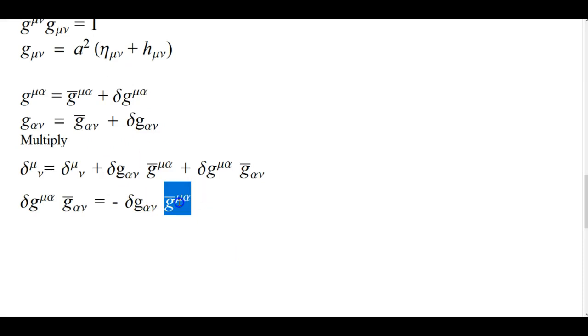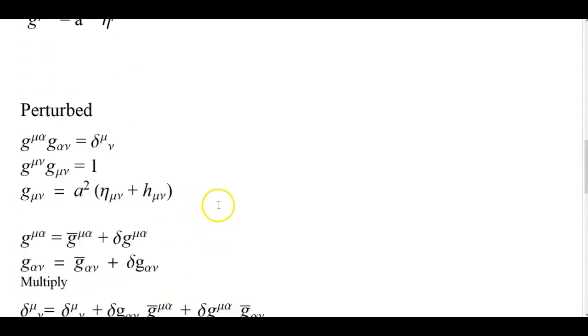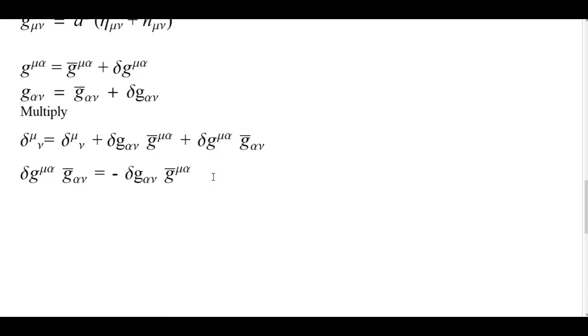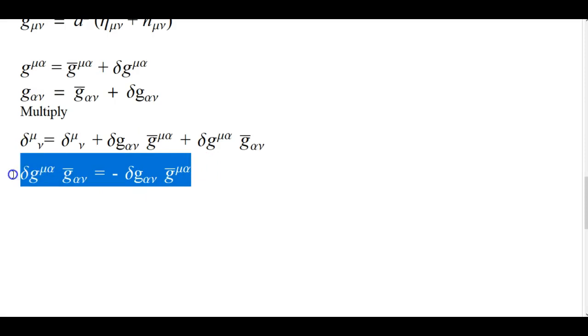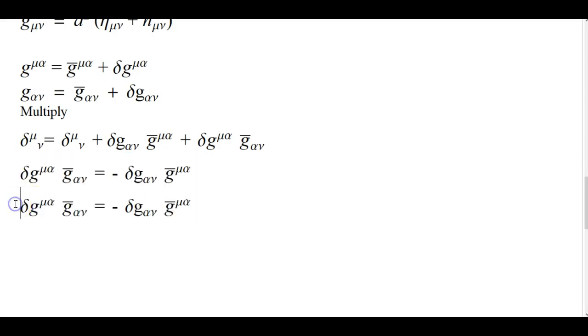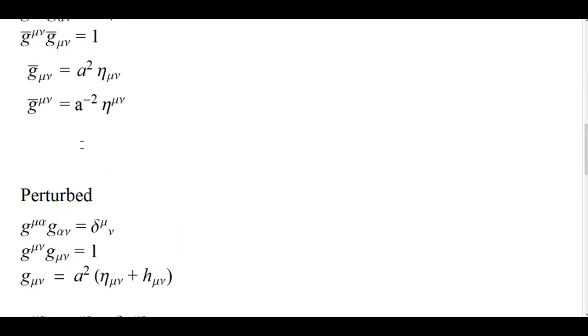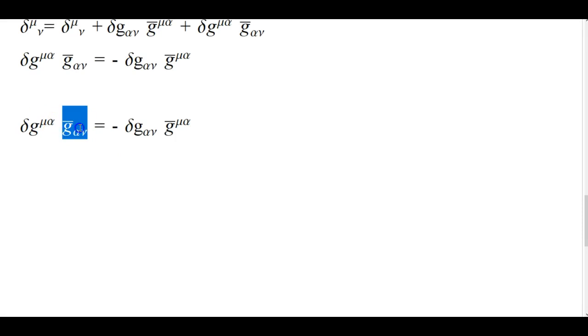Okay, so what is this? G bar mu alpha is this. Let's copy this. G bar alpha nu is this. This guy is this. This, and this is alpha.